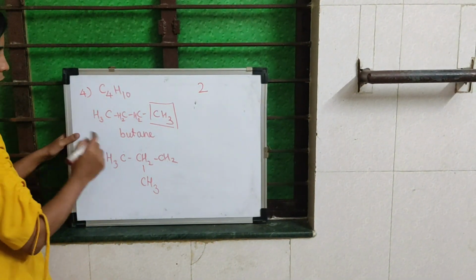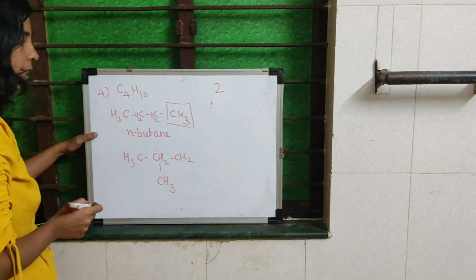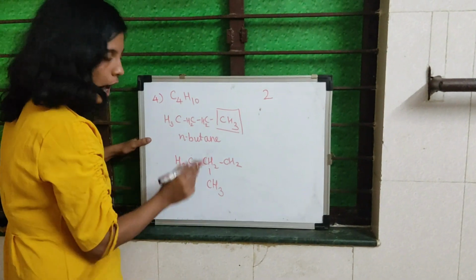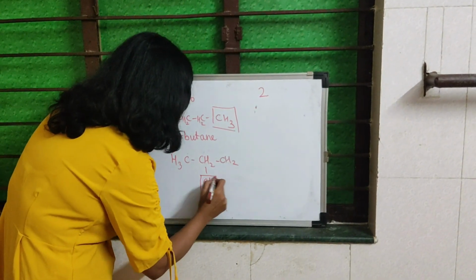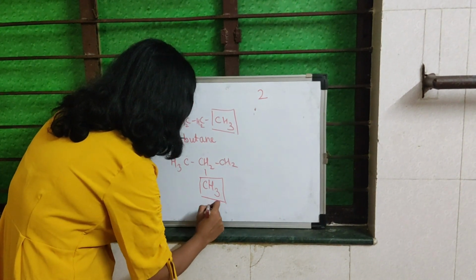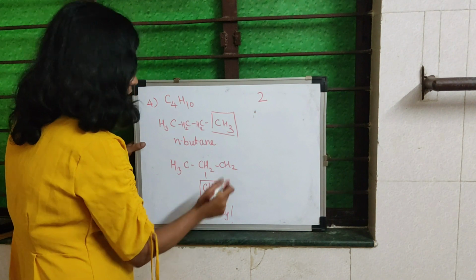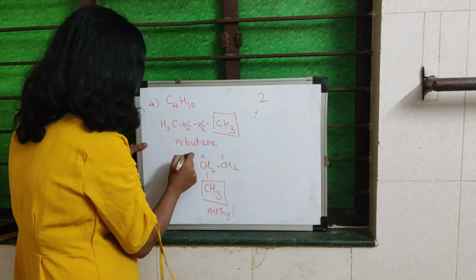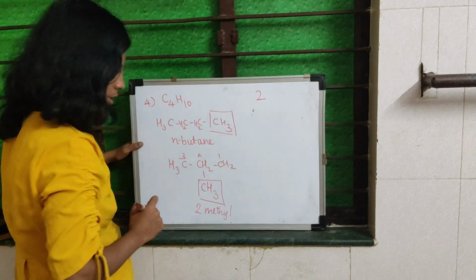One is your normal butane, which is also known as n-butane, and the second one is, now how do we name it? Which group is this? This is the methyl group. And at which position is it? First, second and third. Second position. So it will be 2-methyl.